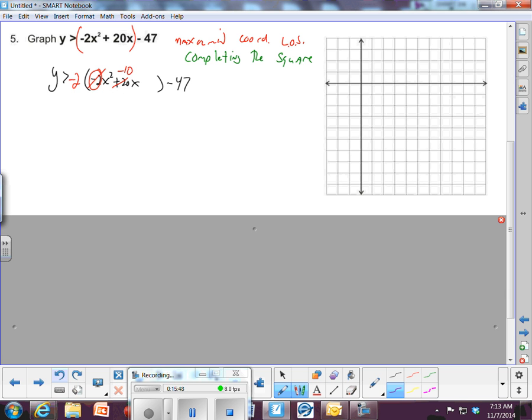All right, do you remember how to get what goes inside? I hope you do. I hope you say, oh yeah, I'm supposed to take the b value, which is now what? It's a negative 10. I'm supposed to divide it by 2, and I'm supposed to square it. So 5 squared is 25, and so a 25 goes inside the parentheses. And do you remember what to put on the outside?